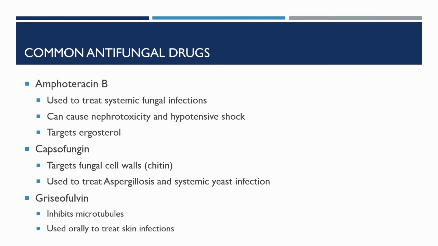It's when we get the spores from Aspergillus in the lungs, and then that can grow. It's dimorphic, so we can get it as a single cell spore, and then it can grow into a multicellular mass in the lung. It's also used to treat systemic yeast infections.